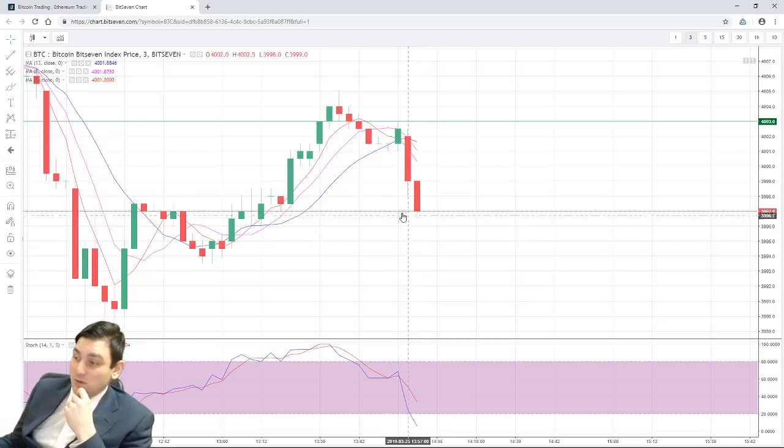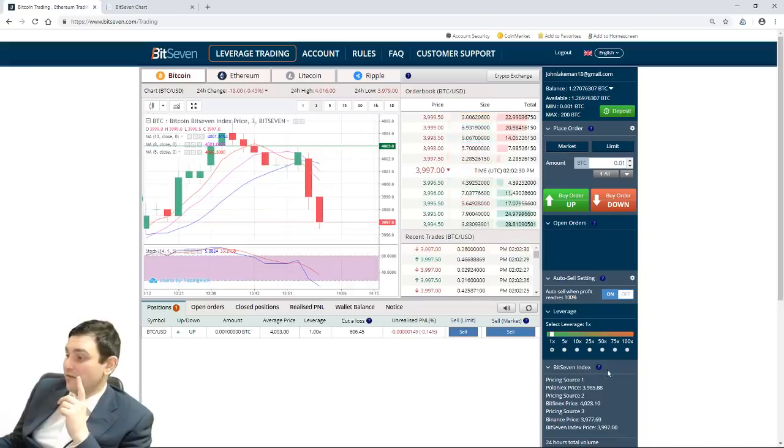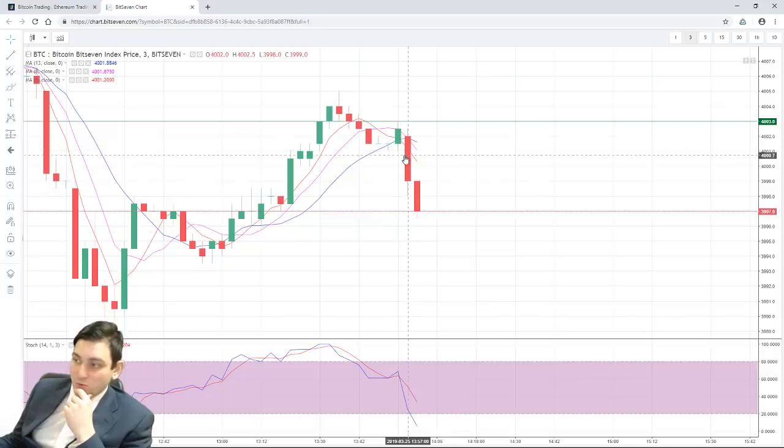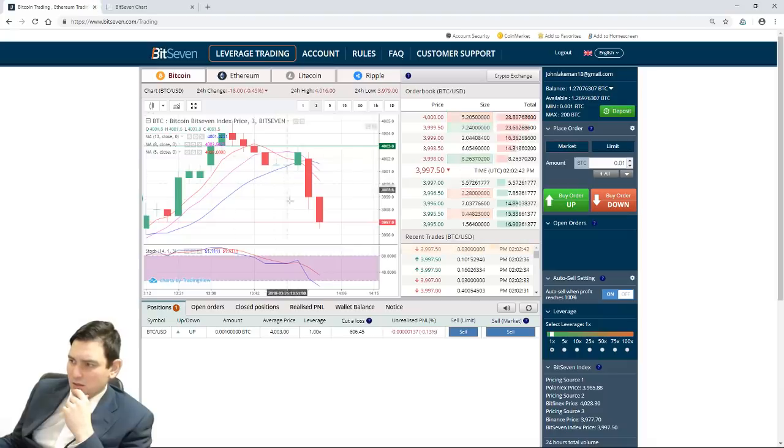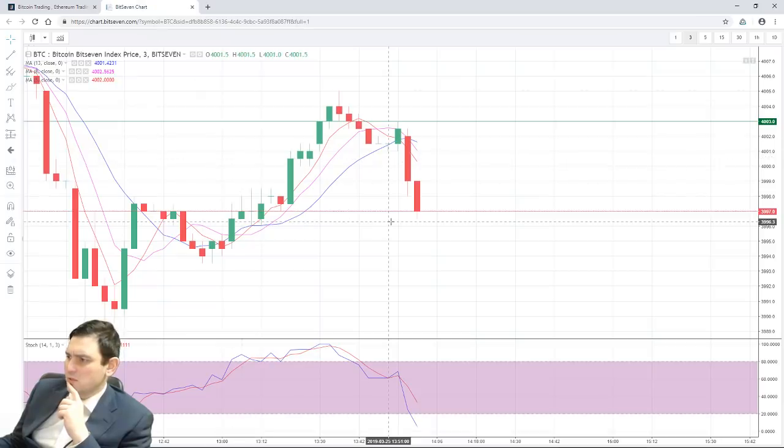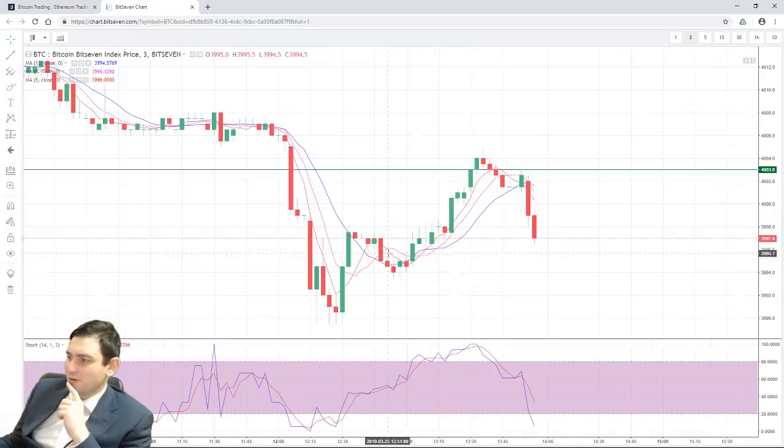But this is only in case the leverage is 1x, because when it's like 100 or even 50, this movement would be okay, because we're doing very short scalping.